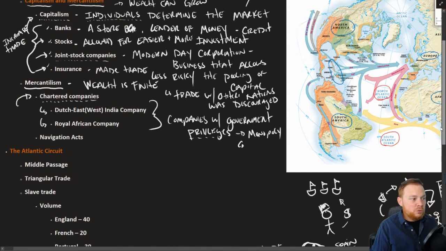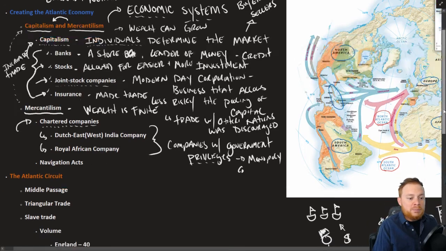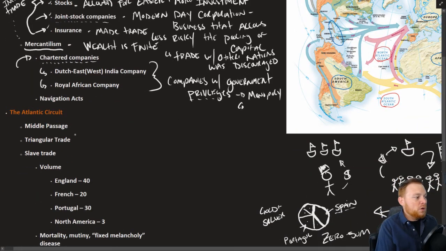Like I mentioned before, the system of mercantilism eventually gave way to this system of capitalism, where some of these charters were eventually revoked and more competition was allowed into the market. One prime and perfect example of mercantilist policy at work was the Navigation Acts.